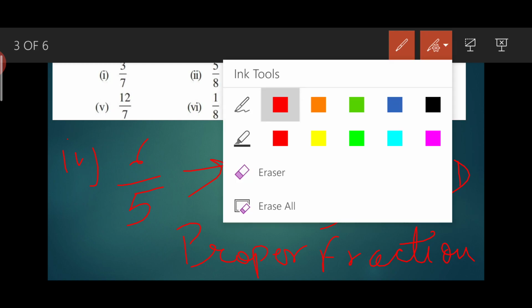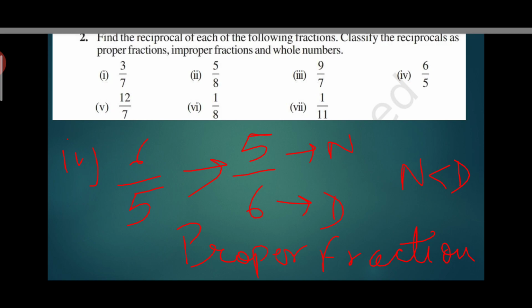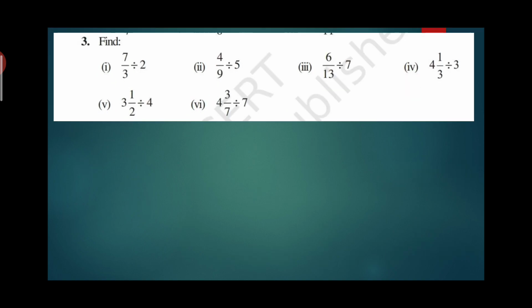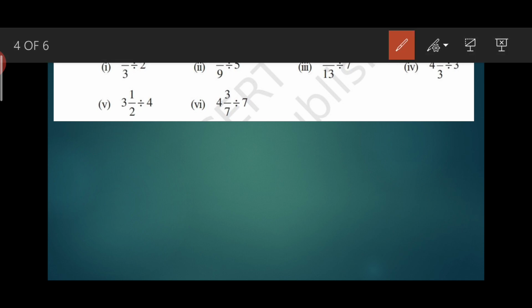Okay, now moving on to our question number 3. In question number 3 you have to find the value of the given parts, that is division of fractions. First part is 7 by 3 divided by 2.